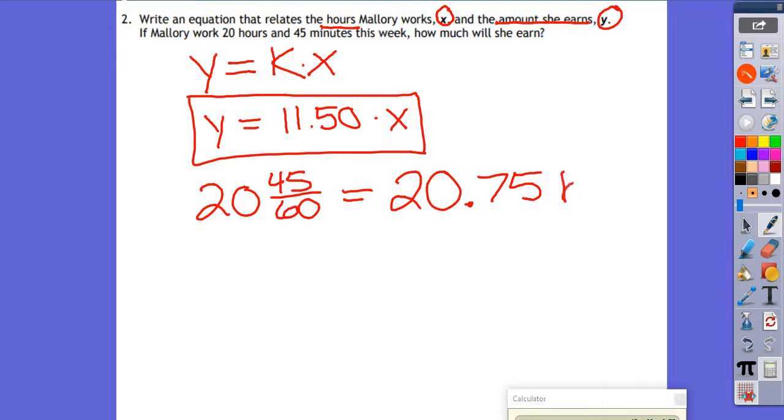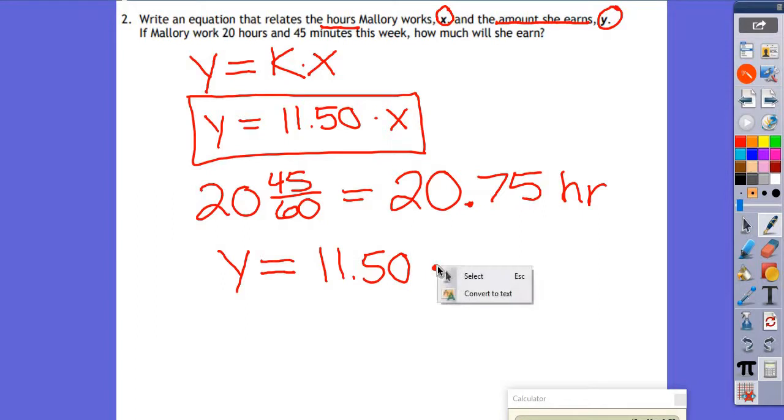So if this is hours, what letter represents hours? X or Y? X. So that's where I'm plugging in my number. So I'm going to write Y equals 11.50 times, what's representing X? 20.75.